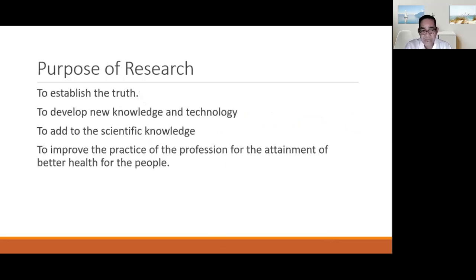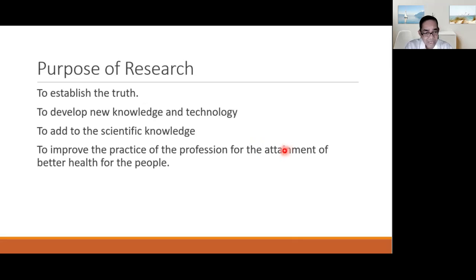Purpose: to establish the truth. Many times, there are many issues coming up, there are many opinions, and we want to establish the truth, so we make research. To develop new knowledge and technology, I discussed this a while ago, that research must contribute new knowledge, and to add to the scientific knowledge.